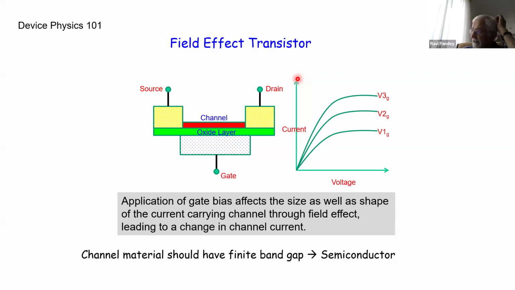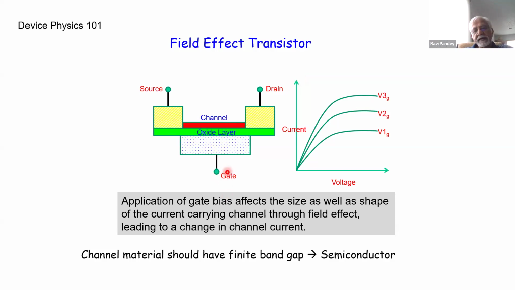And just show you what the limitations of these nanomaterials are when we are trying to make electronic devices. So what we have is a field effect transistor, and this I call device physics 101. So what you have is a source and drain. You have a channel, and these are the insulating materials.